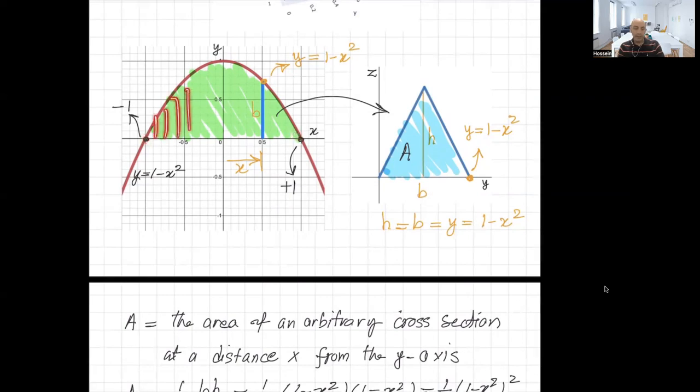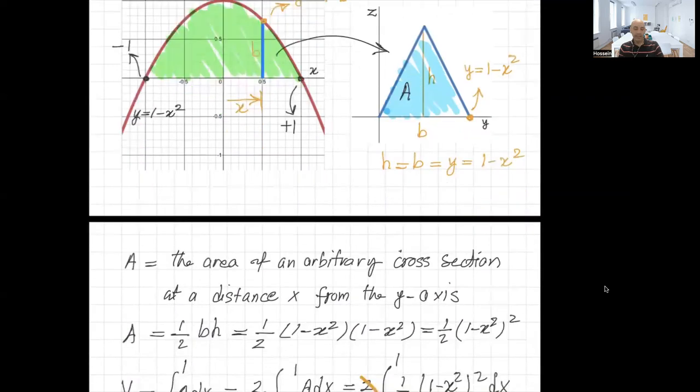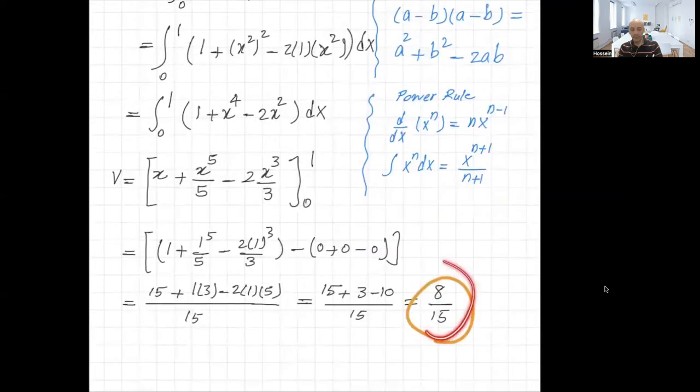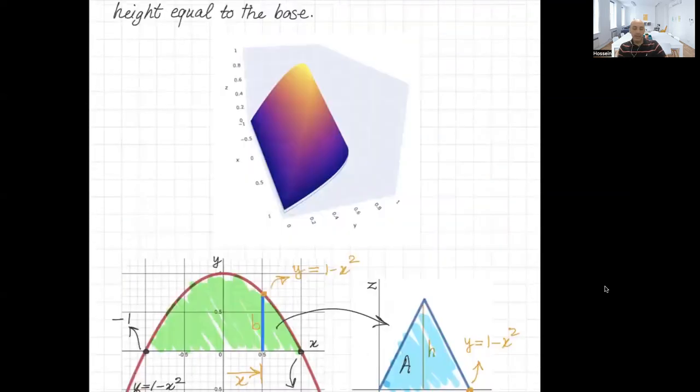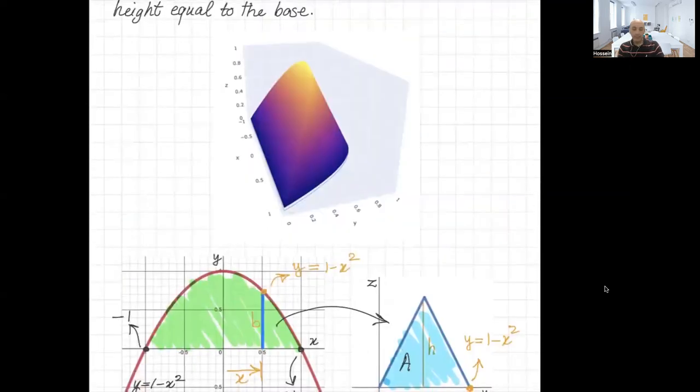So I had many small areas, and I used the integral to add all these areas, and when you do that, you get this value at the end, which is the volume of this solid, whose base is a parabola, and any arbitrary cross section is a triangle, which you see the apex of here.